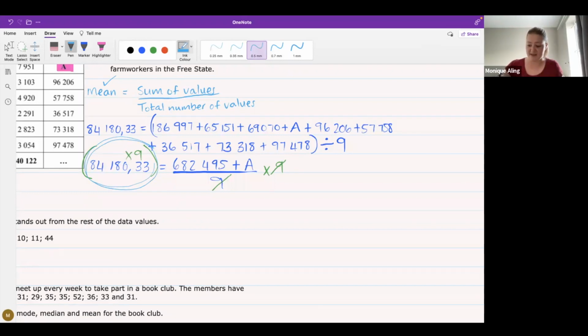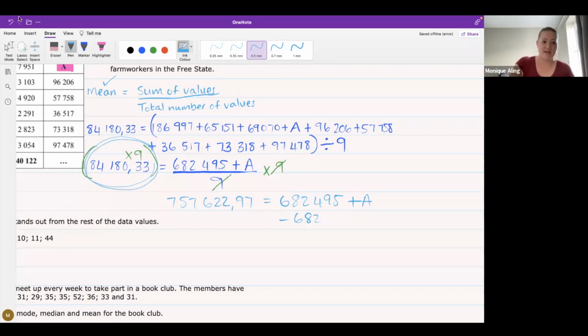So we were left with an answer of 757,622.97 is equal to 682,495 plus A. Now the whole aim is to get A by itself, but the only way to get A by itself is to get rid of the 682. And because that's a positive number, all we do is take negative 682 this side.